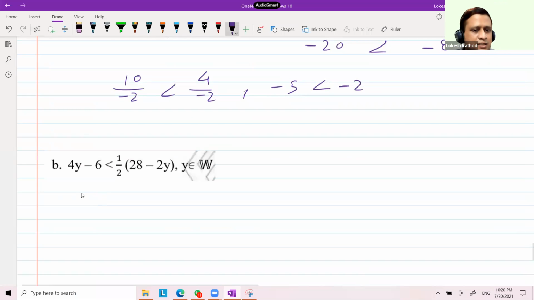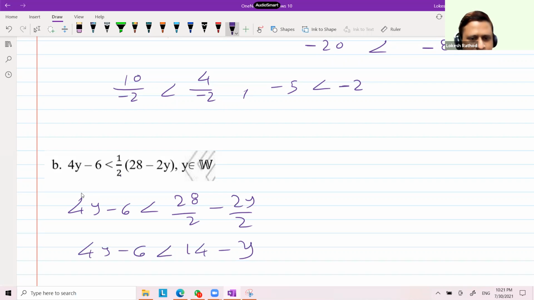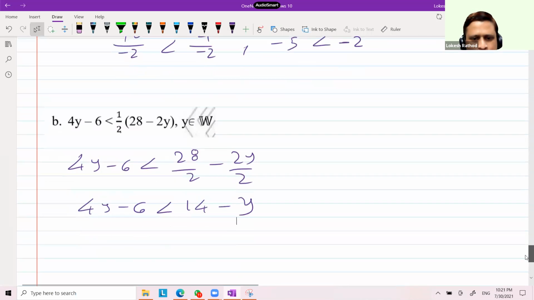So what does that say? 4y minus 6 is less than half of 28 minus 2y. Basically, I can distribute this 1 upon 2 inside the bracket. So 4y minus 6 less than 28 over 2 minus 2y over 2. No issue, right? So this becomes less than 14 minus y. Now, y on one side, numbers on the other side.